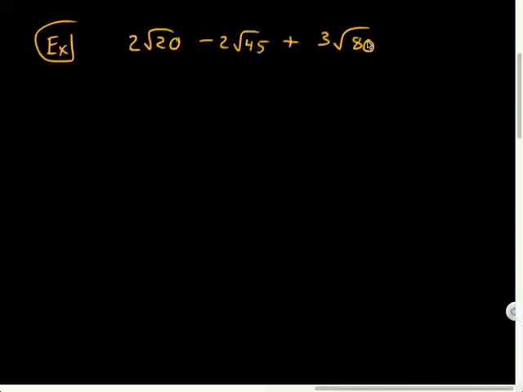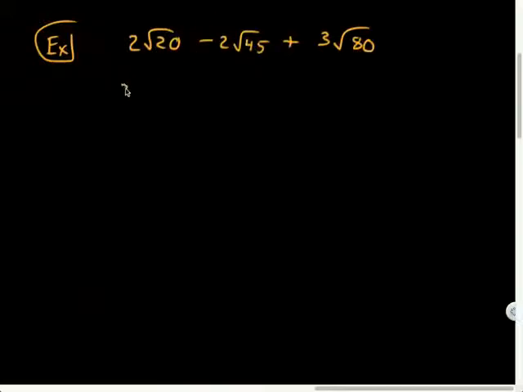Are any of these like terms? Why? They do have the same, what? Indexes, right? These are all square roots, so that's cool. But the insides are different. Okay, well let's actually simplify these.